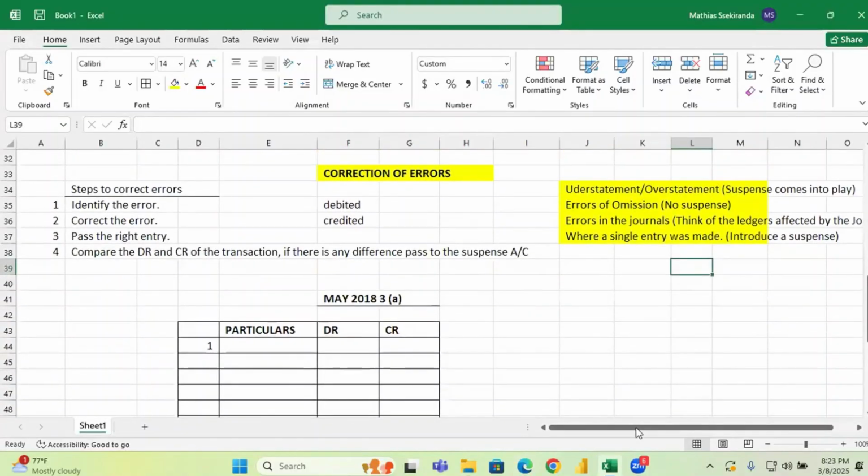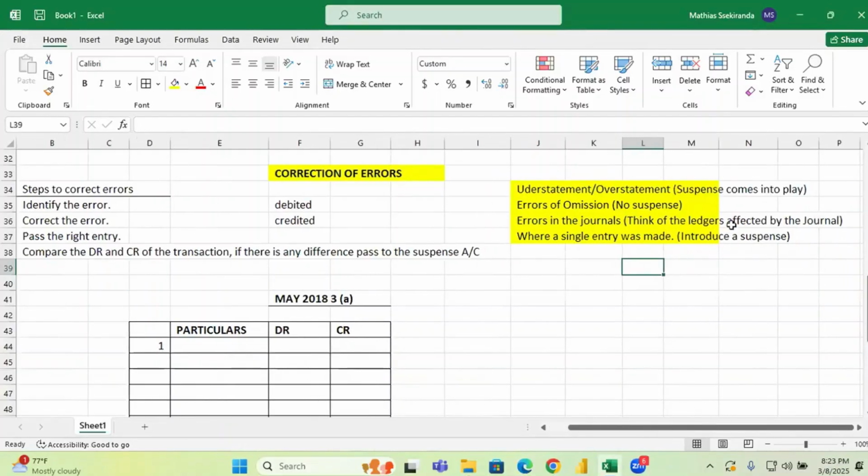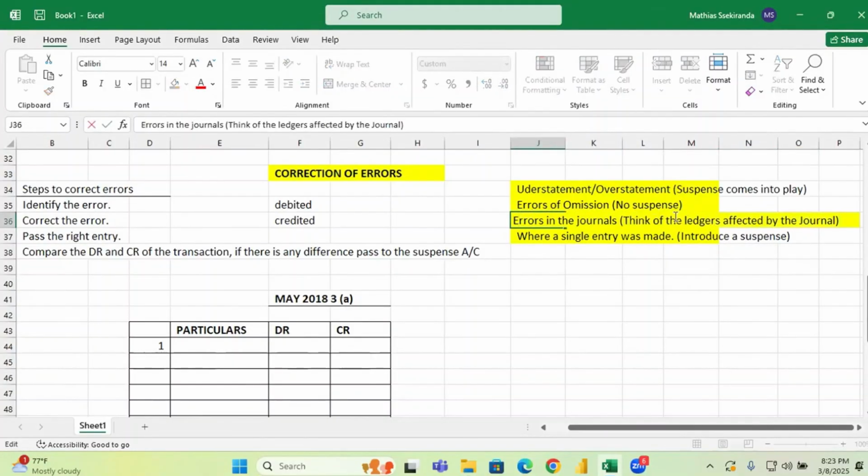That's why I said for the journals, think of the ledgers that are affected by that very journal, and as simple as that. Okay? And we have covered journals. So don't expect me to go back to tell you this journal records ABCD. This journal is affected by these ledgers. No, I will not do that, guys. At least I've done my work.